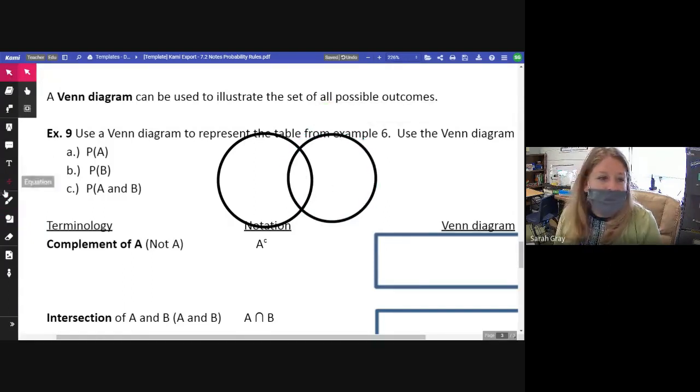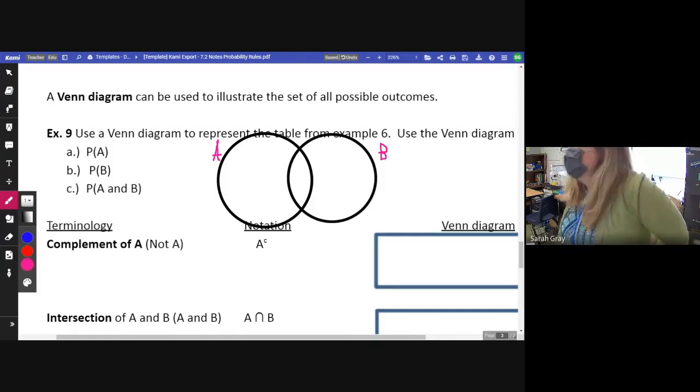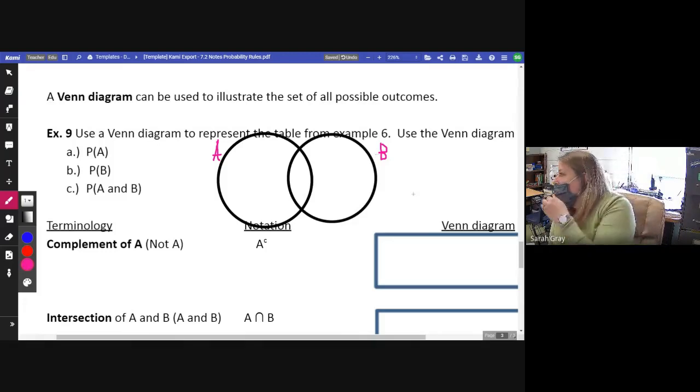Better? Okay, draw 2 circles, label one of them A and one of them B. How big do I need my circles? It's a Venn diagram. No, they're not together.